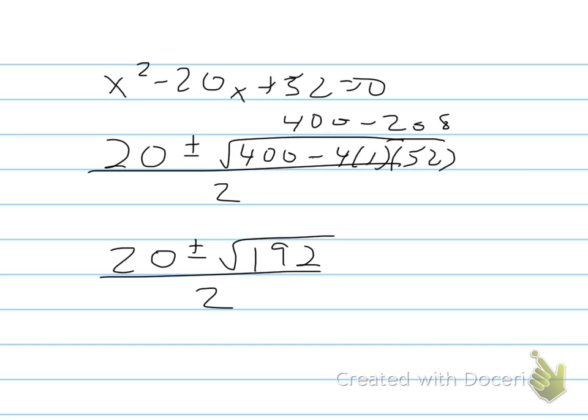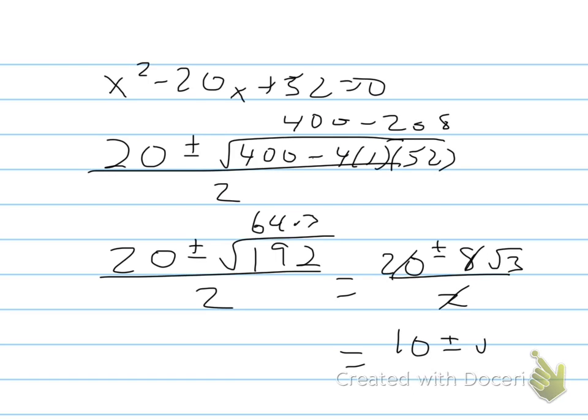Let's see if 64 goes into that. So this is 64 times 3. So 20 plus or minus the square root of 64, which is 8, times square root of 3, over 2. I can reduce everything. So that's 10 plus or minus the square root of 3.